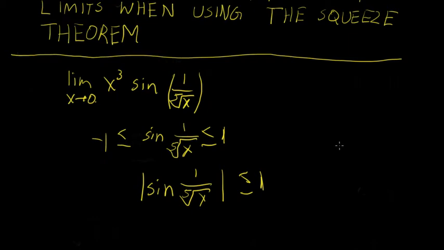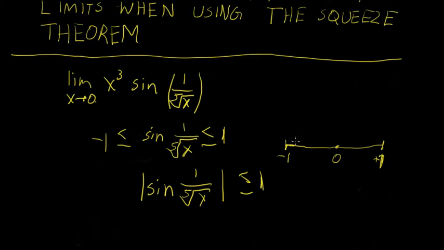So if this is the number line and this dot is 0, and this is +1 here, and this is -1 here. Oh, that looks like a 7. Okay.